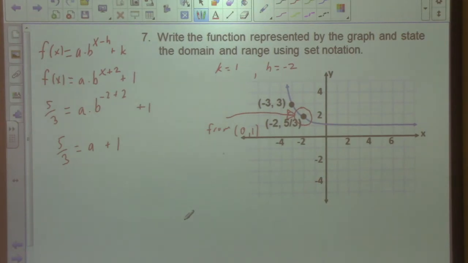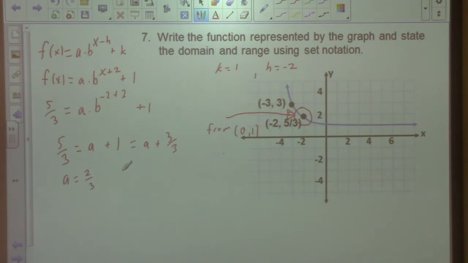How many thirds do we have in 1? 3/3 equals a plus 3/3. So we can subtract, what's 5/3 minus 3/3? So a is equal to 2/3.